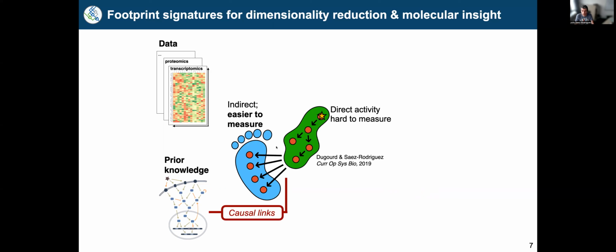Oftentimes we want to know the activity of certain molecular players, such as transcription factors, but these are hard to measure at high throughput and with large coverage. But we do know that these processes affect some omics data, and then by measuring the changes in the omics data, we can estimate the activity of the process of interest. For this, we need to know these causal links, how the process of interest affects the omics data, and this is what we obtain from prior knowledge.